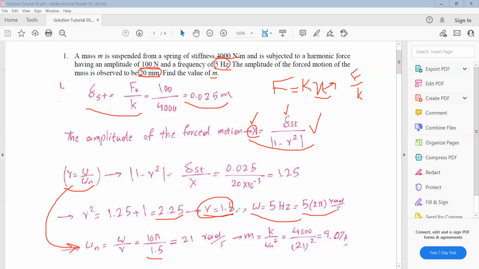Now we can calculate the natural frequency of the system, which is 21 radian per second. We know that the natural frequency is equal to the square root of k divided by m, so we can find the mass is equal to k divided by omega n squared. And finally, we can calculate the mass, which is 9.07 kilogram. Clear?